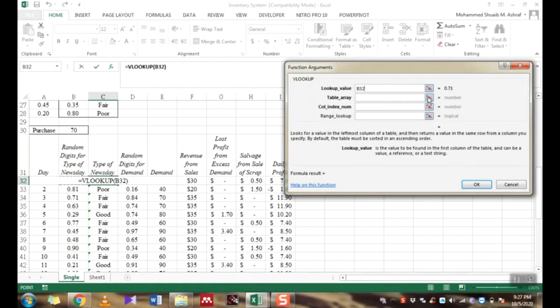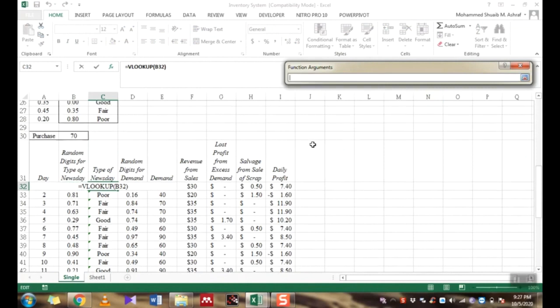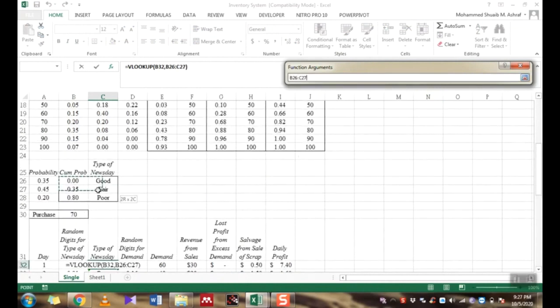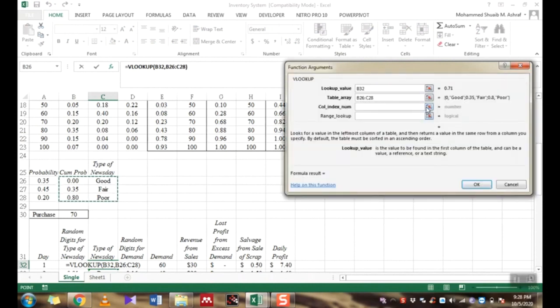So, this is the lookup value and the table. The lookup table is here. These are the cumulative probabilities and these are the type of news day that we want to return, that we want to find out. Okay. And what is the column index? 2.